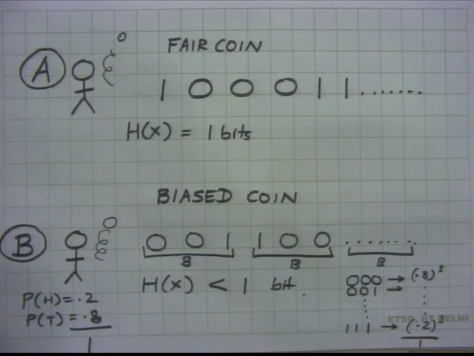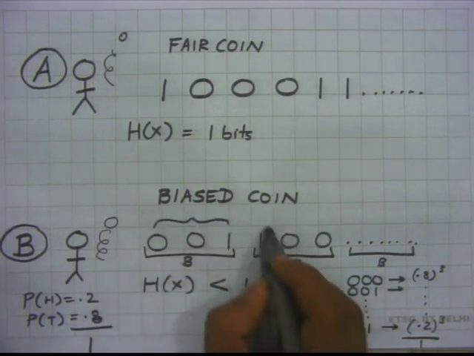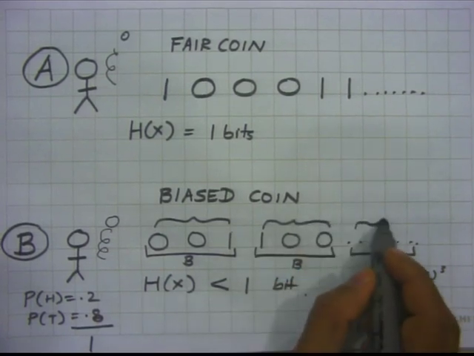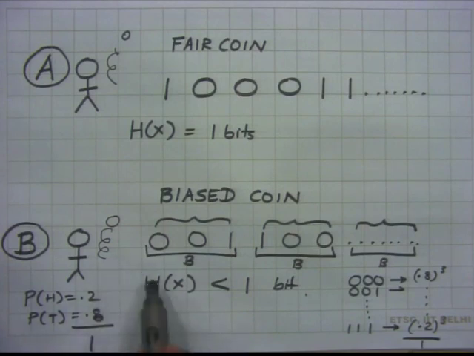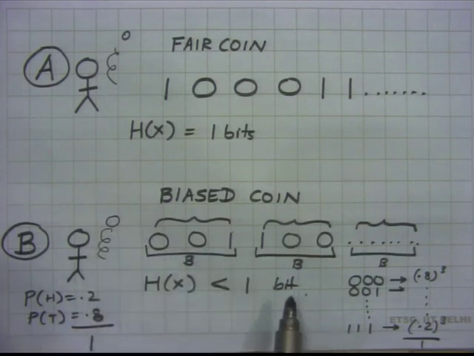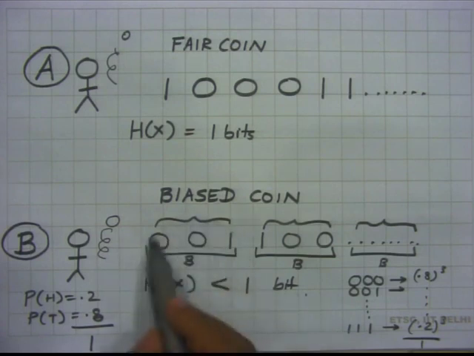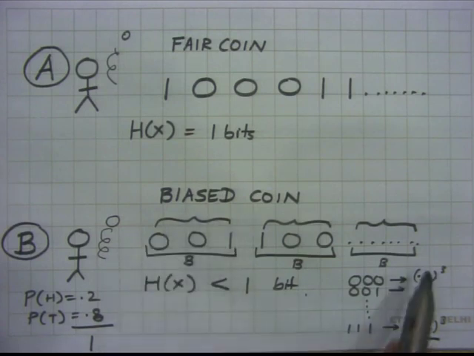So, you will see that these are my new symbols, and this source B does not have to say a 1 or a 0 depending upon the outcome of the head or a tail. It will wait till 3 tosses and look at this combined symbol, and it has a probability.